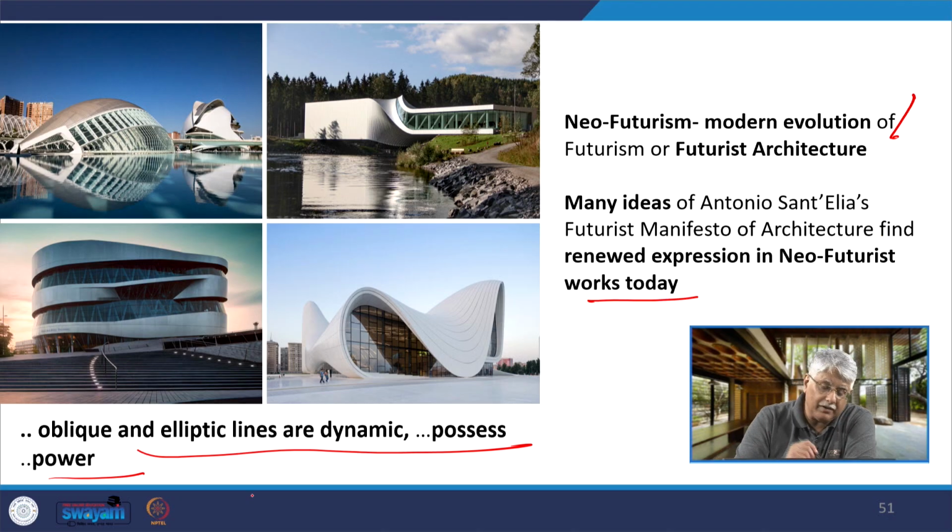They are oblique elliptic lines which are dynamic, like in the Heydar Aliyev Center or this work by Santiago Calatrava, the Mercedes Museum and the other building, and many more buildings around us which have got sculptural expression, for example in the works of Santiago Calatrava, which are based on parametric architecture like the works of Zaha Hadid. So what he said in the manifesto has come true.